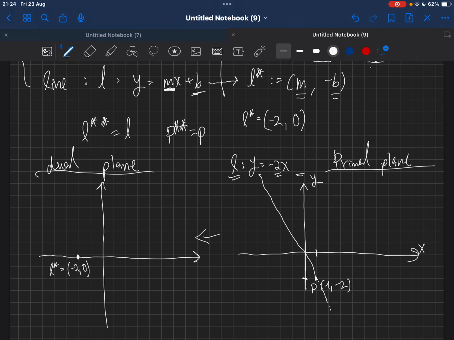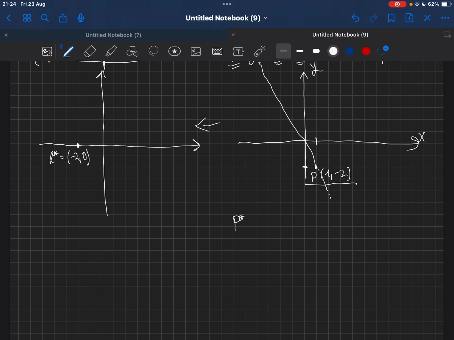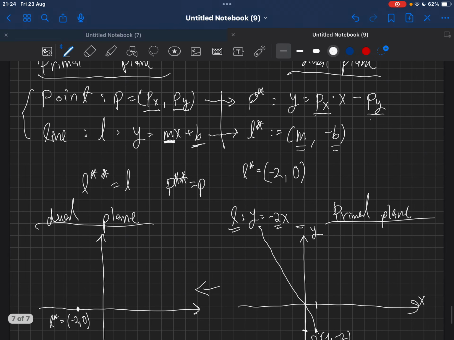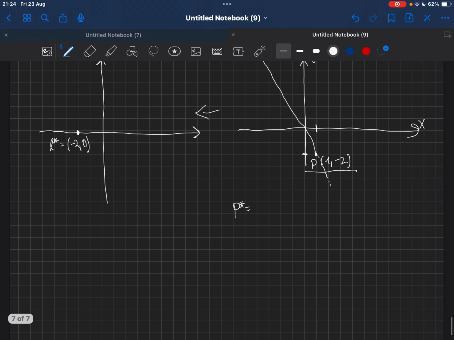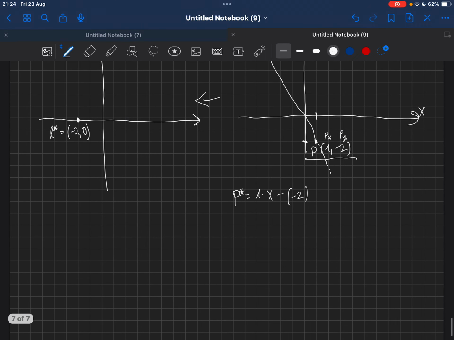And now I'll go to the point and translate it to p tag. Again, what I do is px times x minus py. This is px, this is py. So px is 1, times x, minus py, which is minus 2.